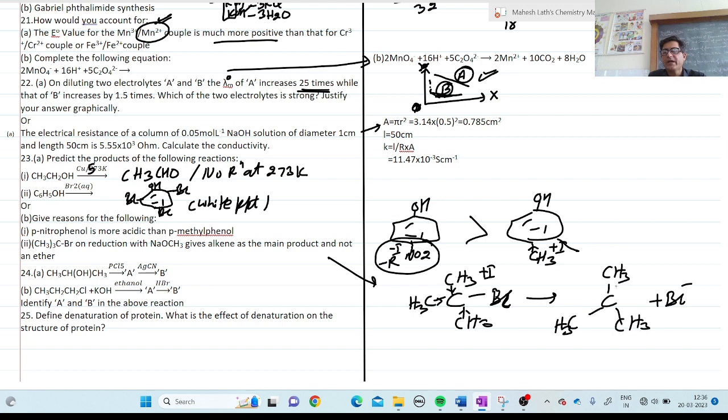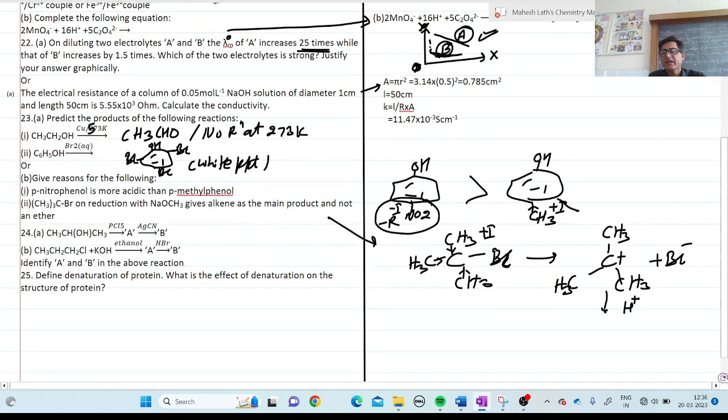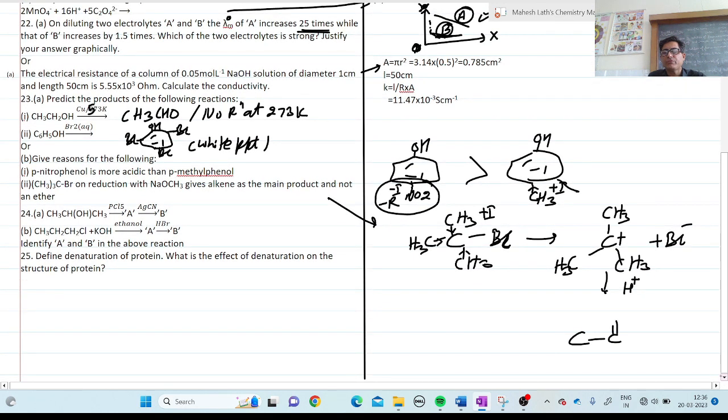And carbonium ions are highly stable and the positive charge is highly neutralized. That is why this tertiary carbonium ion releases H positive ions and results in the formation of alkene as compared to ethers.